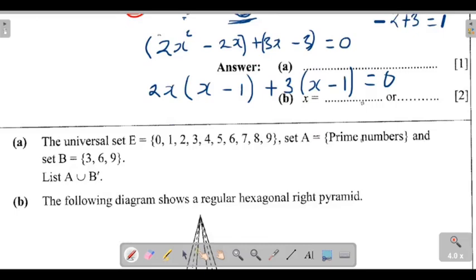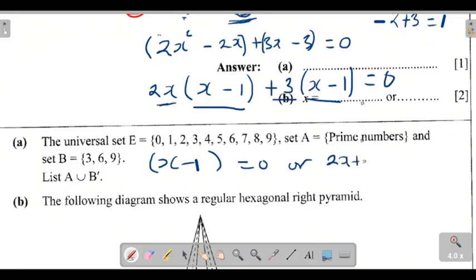Then just pick one common factor, x minus 1, equal to 0. Or you can pick the other: 2x plus 3 is equal to 0.